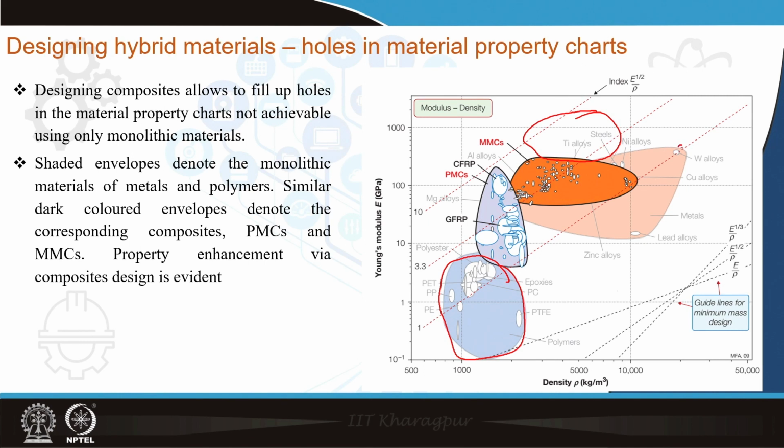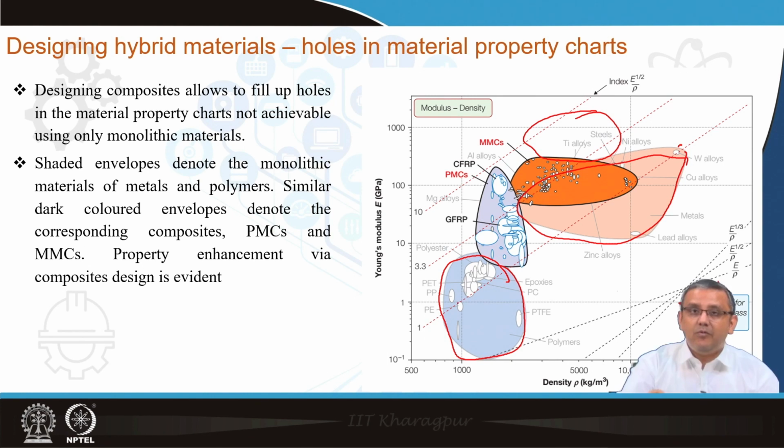And here is another batch, which is the region of the metals. That means we have one bulk region for the polymers, the topmost bulk region is for the ceramics, and this bulk region is for the metals.